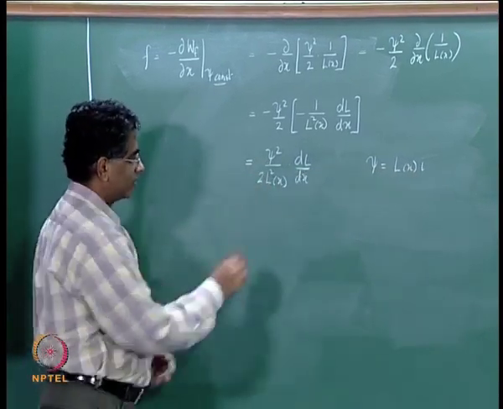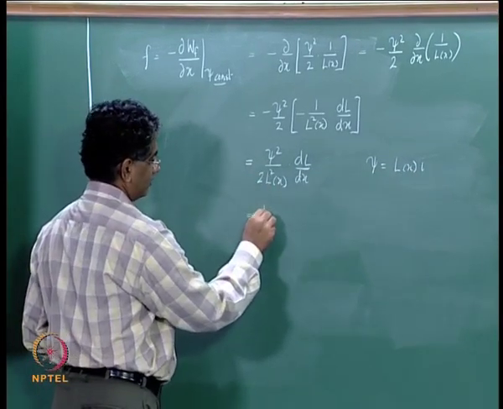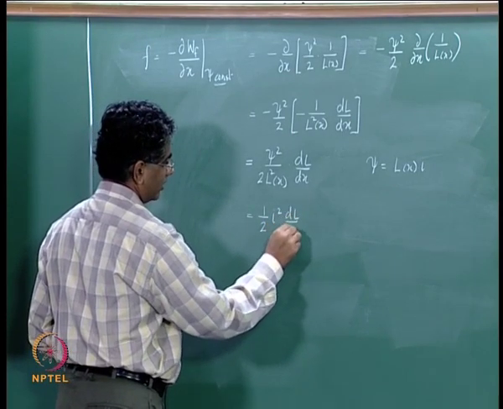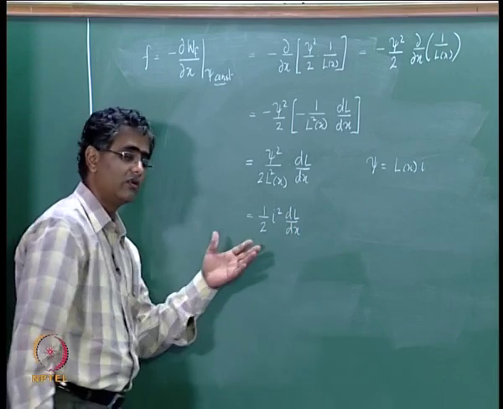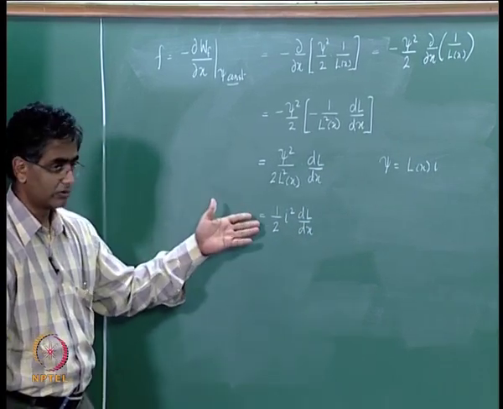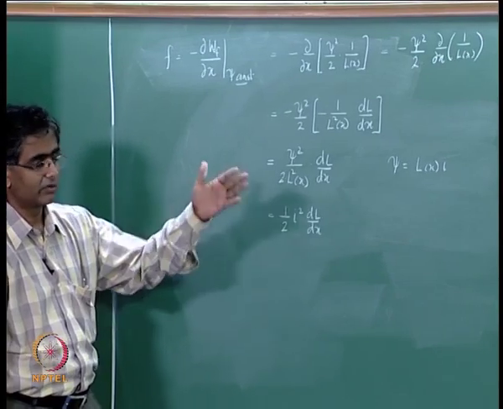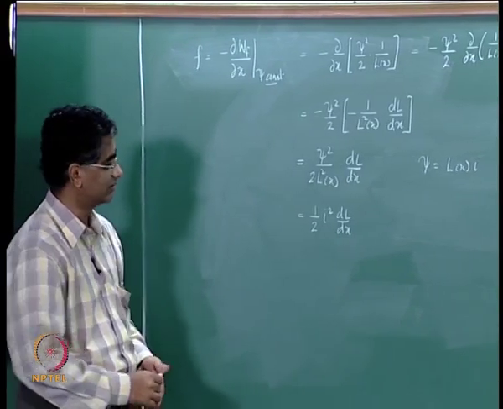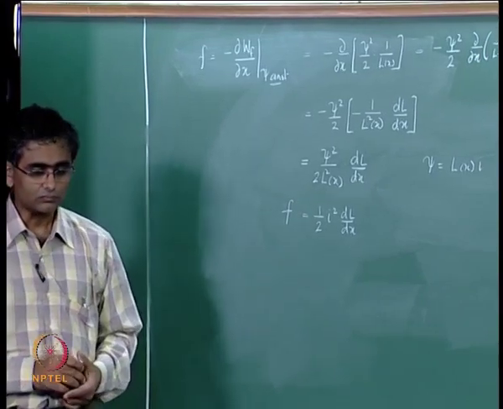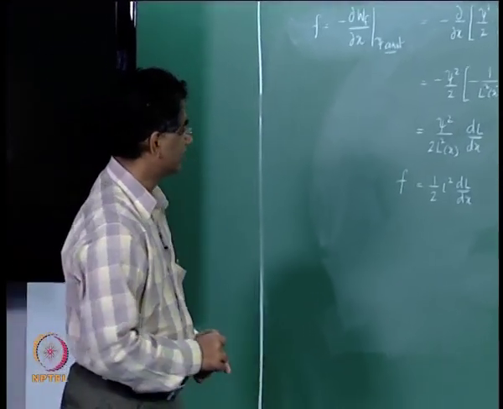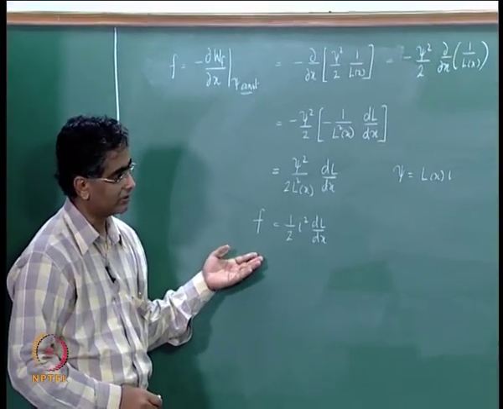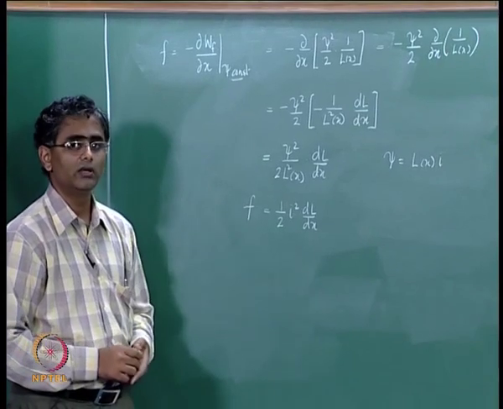So we substitute that here and you get this is half of I square into dL by dx. And if you remember, look back on our earlier lectures, the force that we derived for the singly excited linear motion system is this same expression, right. So this shows that one can get the expression for force from the field energy in this manner.